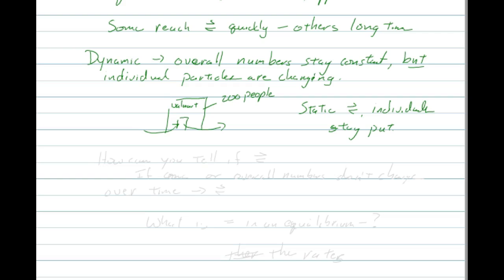How can you tell if there's an equilibrium? Well, you measure the concentrations or the numbers over time. If the concentration or overall numbers don't change over time, then it's an equilibrium.